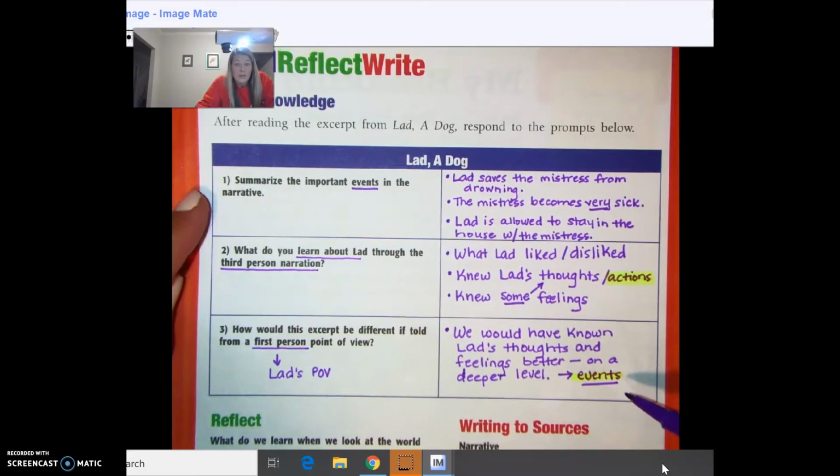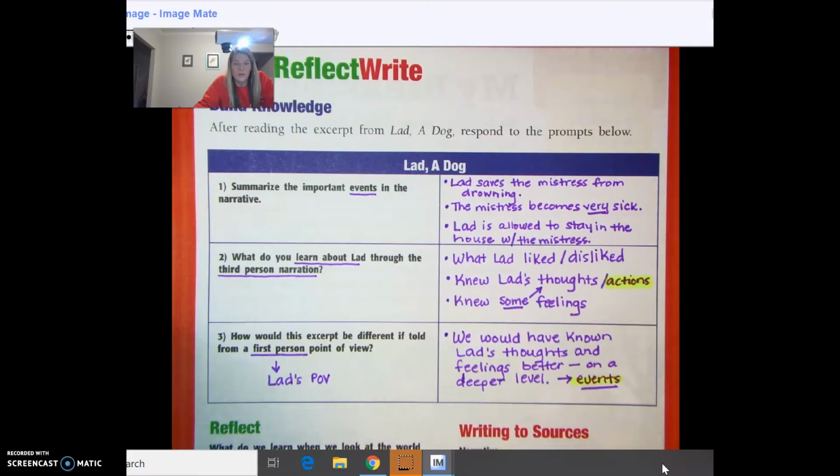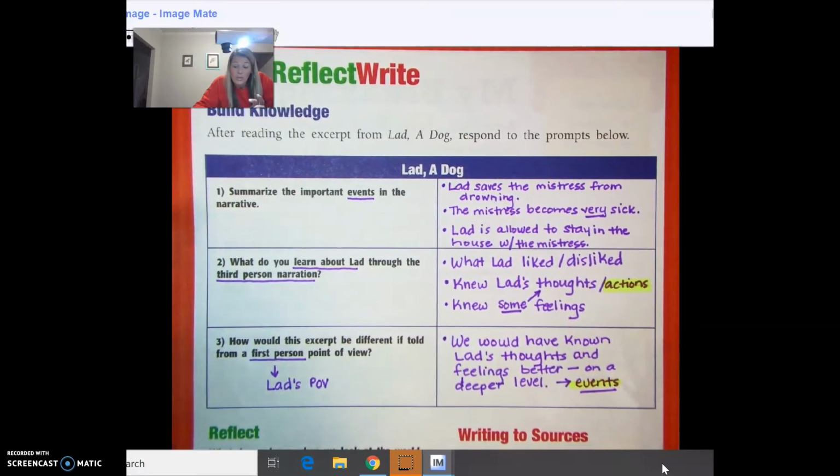So that would have probably made it a lot more intense, the story itself, like when you're watching a good movie and all that action's taking place and you can see the characters and how they're responding. We would have known better how he thought and how he felt during those intense moments, like when the mistress was sick, when she was drowning, and those moments where he was really worried. We would have been able to understand his worry.